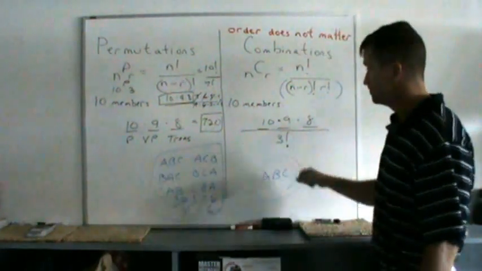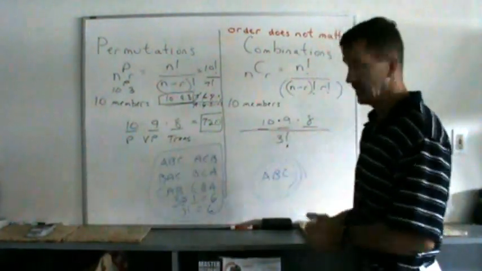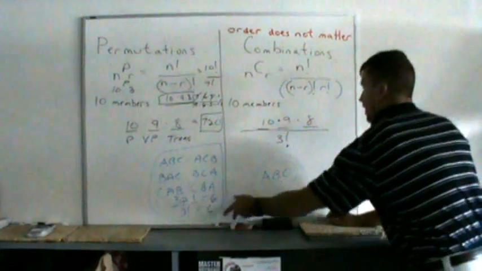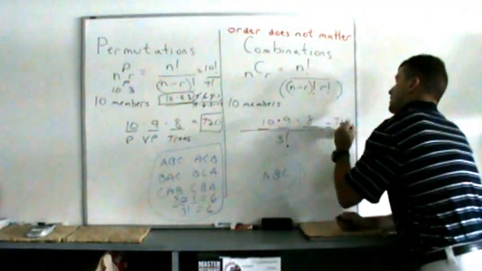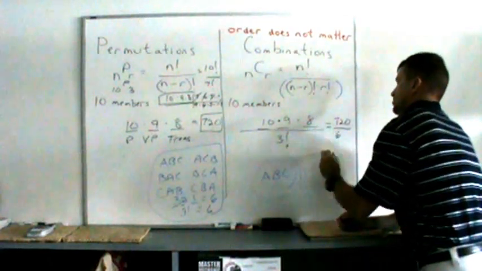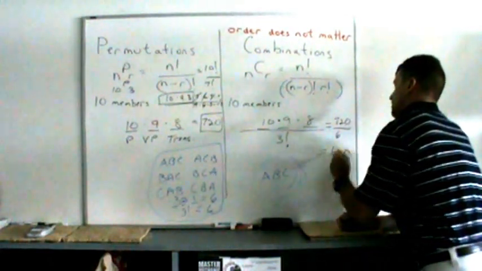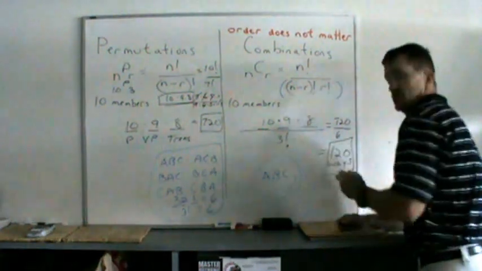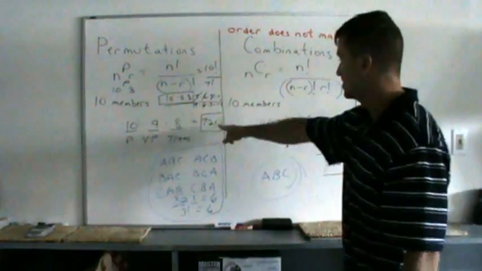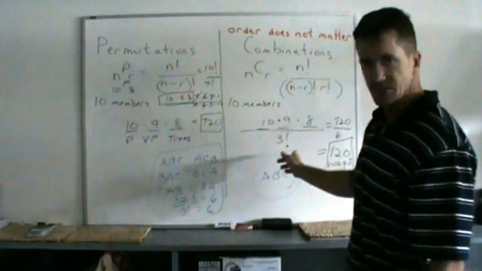If that makes sense. So this is going to be smaller than that number. This is 720 divided by 3 factorial, which is 6, which gives us 120. 120 different combinations possible versus this 720. What's the difference here?